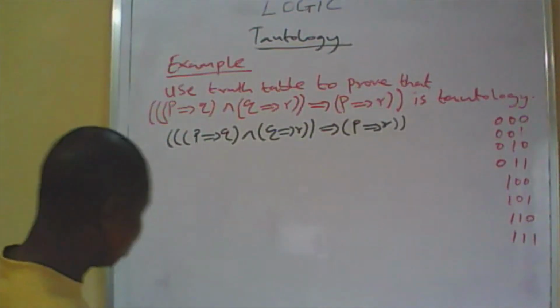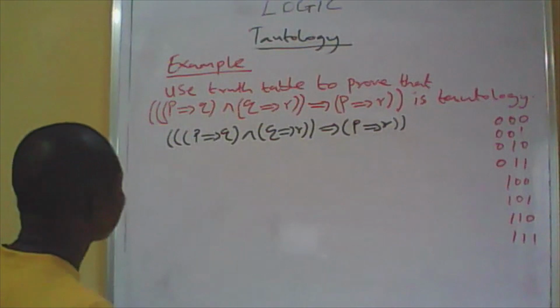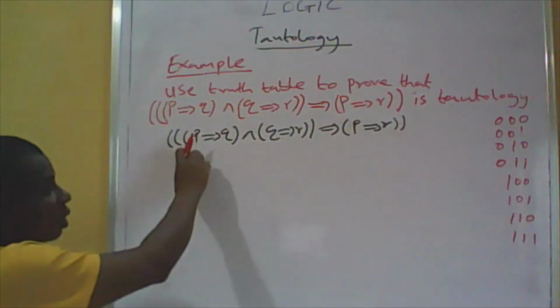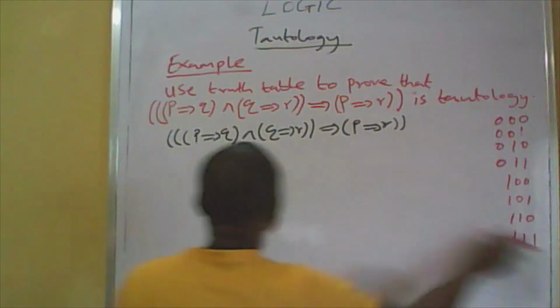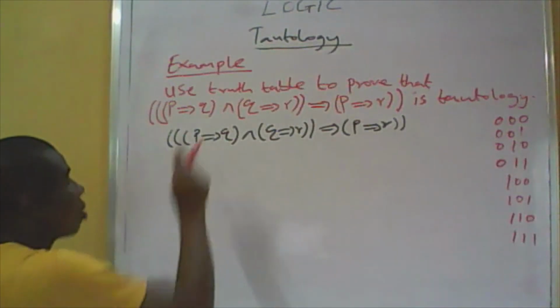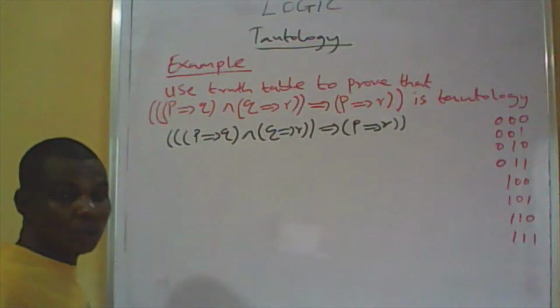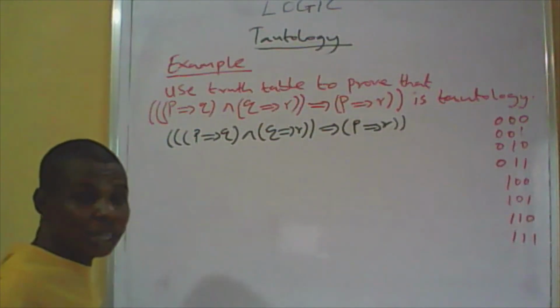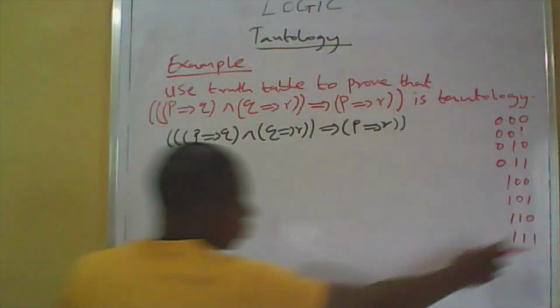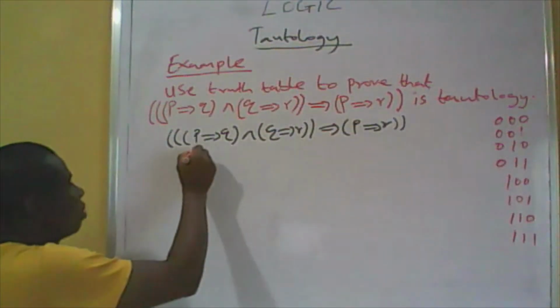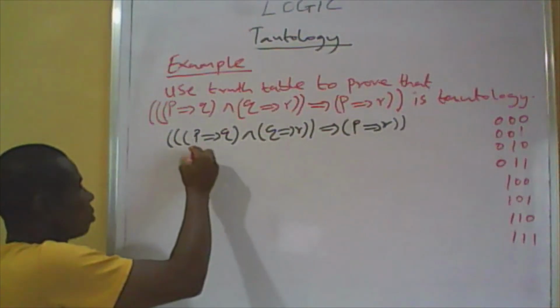So under P, we have 1 1 1, that means true true true. Under each simple statement, you represent a truth value. Here we have P, here will be 1.